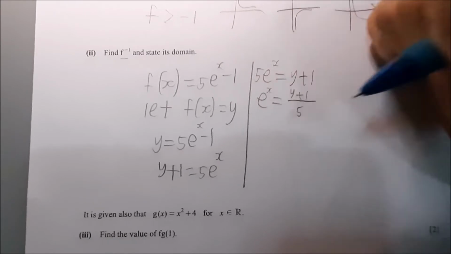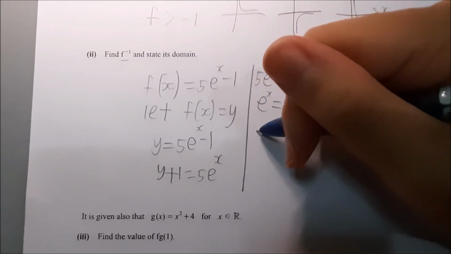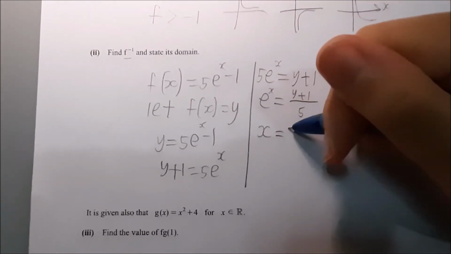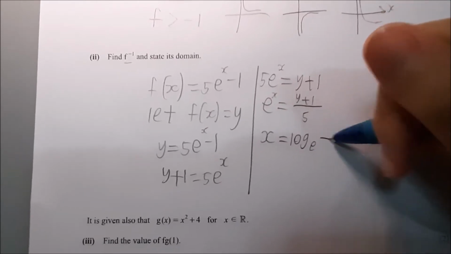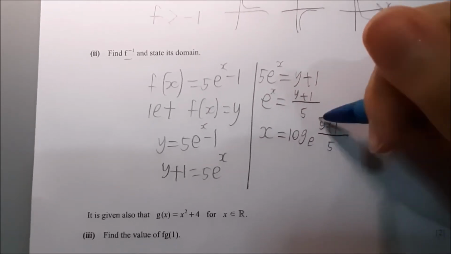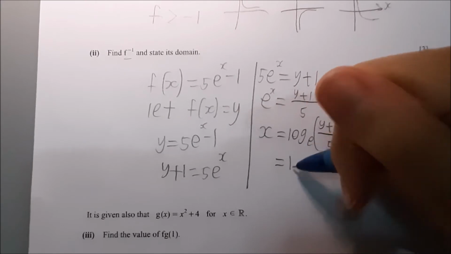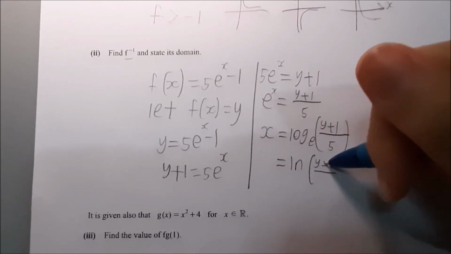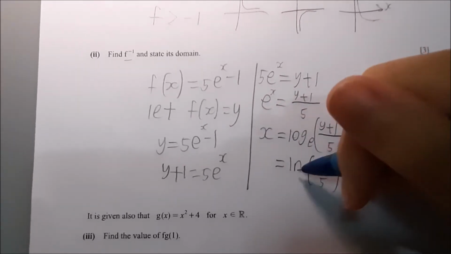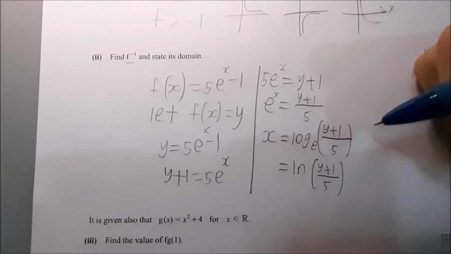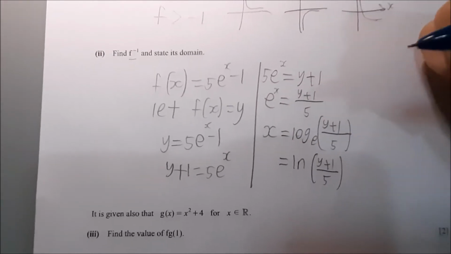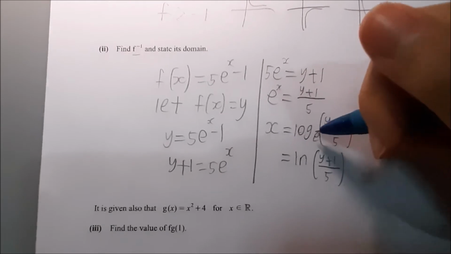To make x the subject, we have to use the log to the base e of (y + 1) divided by 5. Or you can also write this as ln, which is also known as log to the base of e.